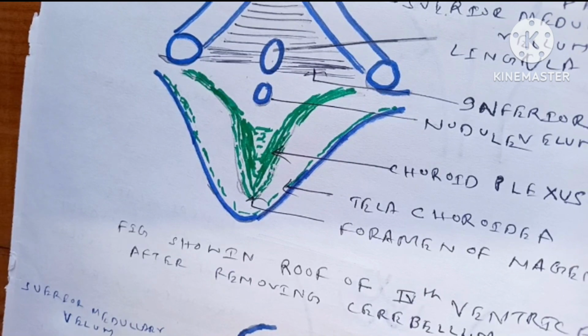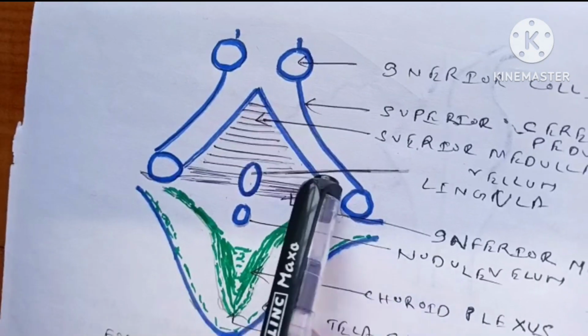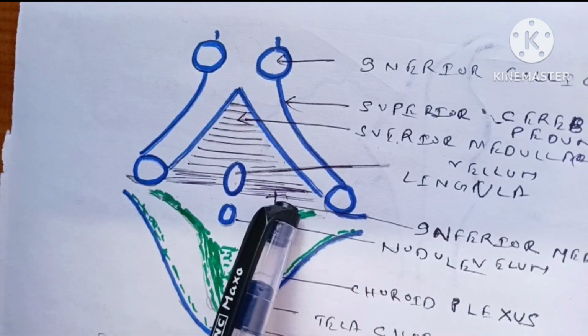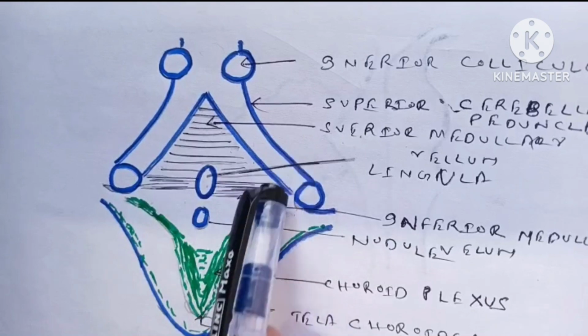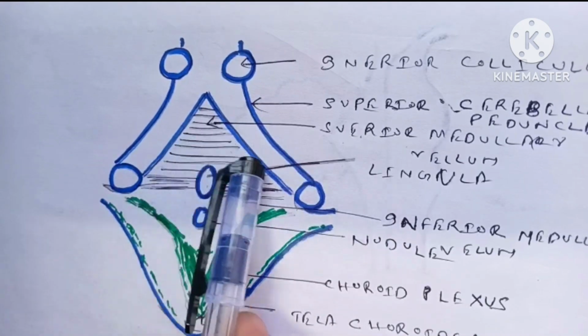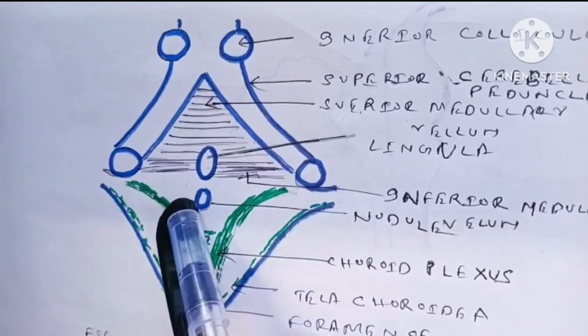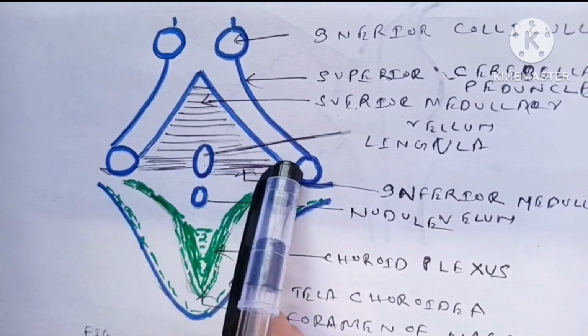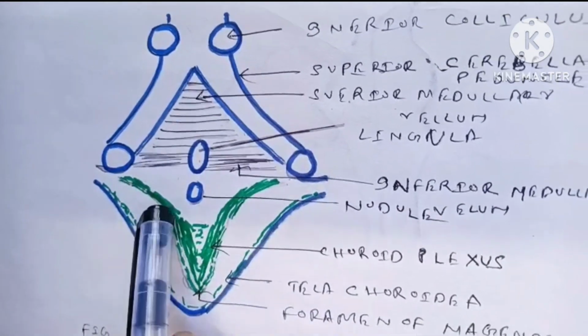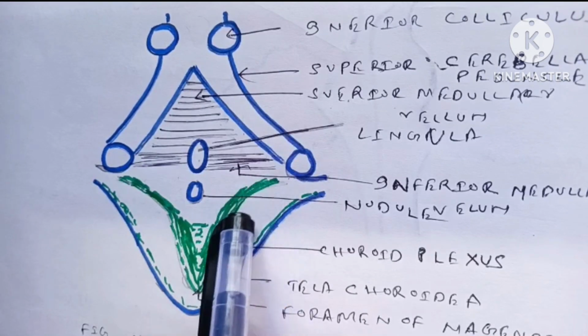The roof of the fourth ventricle is tent shaped, and it projects posteriorly towards the cerebellum. Here is the choroid plexus.